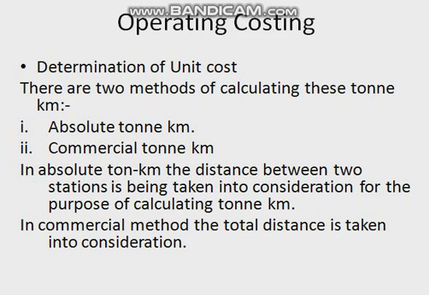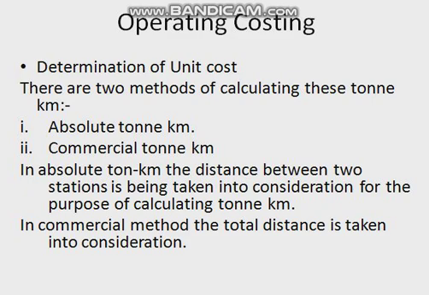Total distance covered means distance of A to B is 40, B to C is 60, and C to A is 50. So 40 plus 60 plus 50 amounts to 150 kilometers.